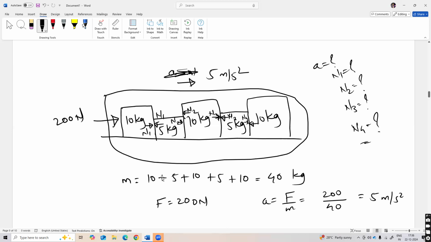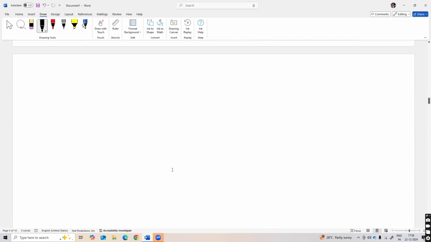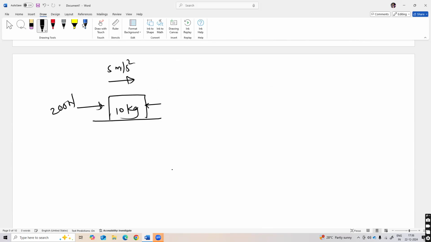Now let's consider the free body diagram of the leftmost 10 kg mass. There is a force of 200 Newton acting on it. It is moving with acceleration of 5 meter per second square, and there is a normal reaction coming from the 5 kg mass, which is, let's say, N1.